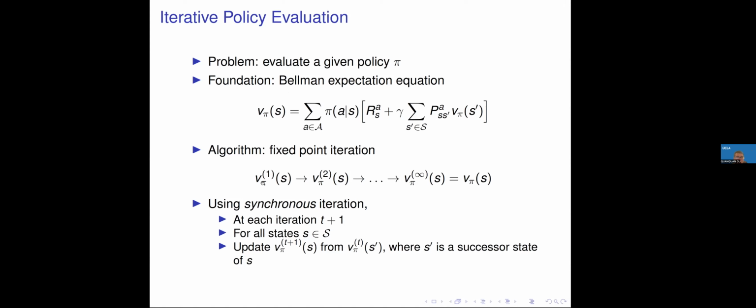From some initial estimate of the value function under this policy, let's say V pi 1, we repeatedly do fixed point iteration to get V pi 2, then V pi 3, and so on, until some huge number or even infinity. We can prove that if we do this fixed point iteration, the V pi t sequence will converge to V pi, which is the value function under this policy pi.